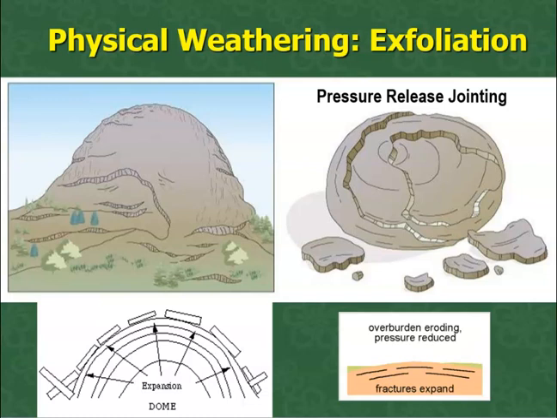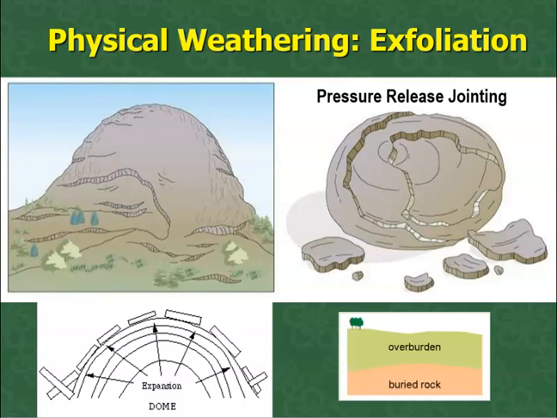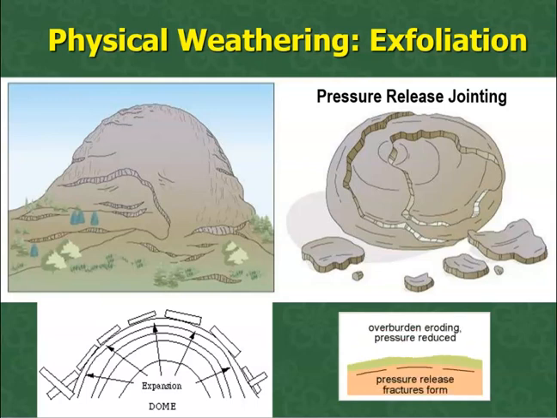Since they're underground, when the material above them, what's referred to as the overburden, is removed through other weathering processes over time and that igneous intrusive rock is exposed, well, there's nothing compressing it anymore. And so it will relax a little and it will want to stretch. Well, solid rock doesn't like to stretch. So as it relaxes, the outer layers, which have the most pressure released from them because they're no longer under pressure while the interior of the rock still has it, will fracture.